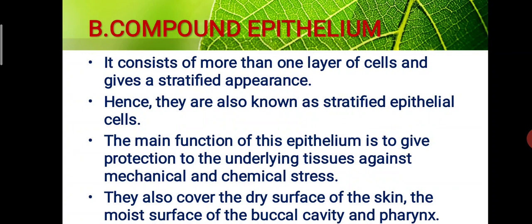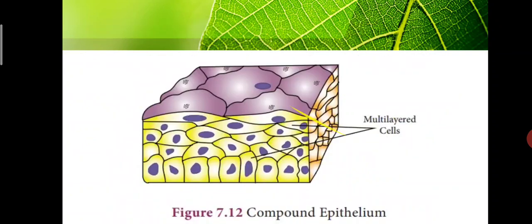Their main function is to give protection to the underlying tissues against mechanical and chemical stress. They also cover the dry surface of the skin, the moist surface of the buccal cavity and the pharynx. Is it clear, children? This is how the compound epithelium looks; you can see the stacked layers, so many layers present. That is why we call it compound epithelium.